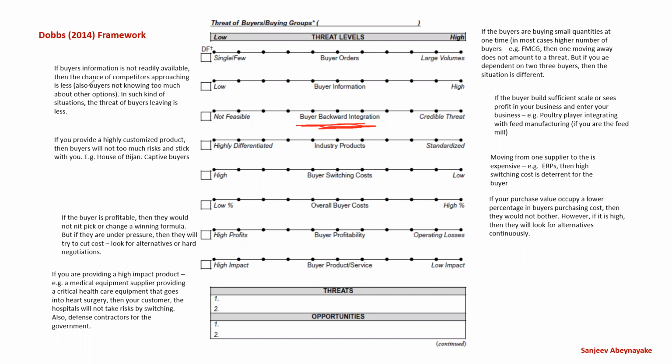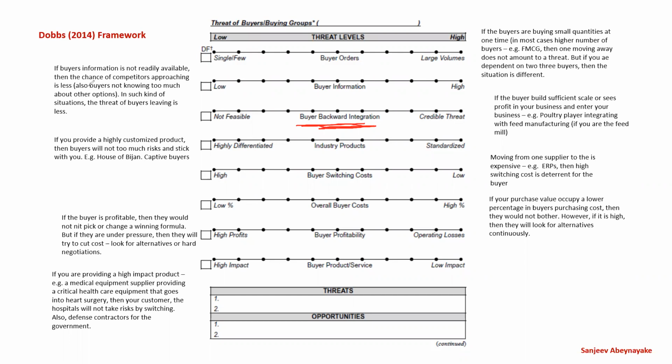After some time, you're buying so much feedstock, you might say, why am I buying feedstock? I can actually integrate backward into that industry. So if you are doing an industry analysis for the feedstock industry, then buyers integrating backward is a major risk.